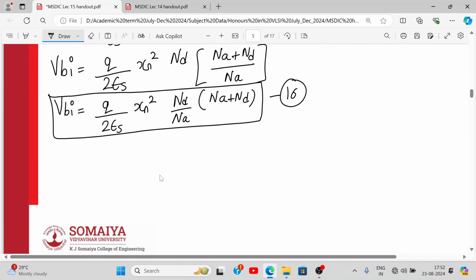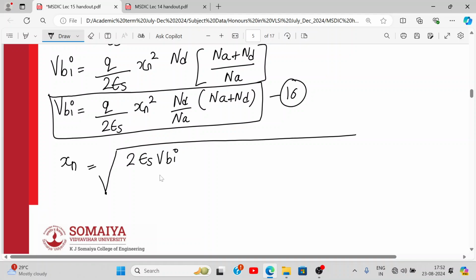So Xn equals the square root of 2 epsilon S into VBI upon Q, times Na upon Nd into 1 upon Na plus Nd.